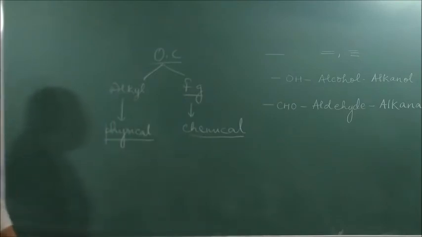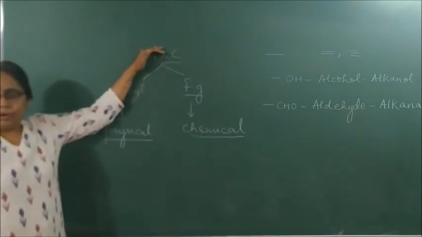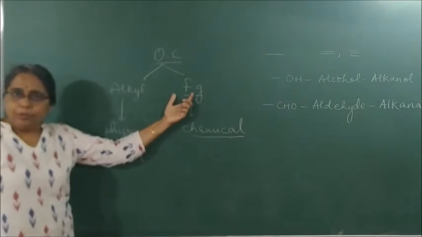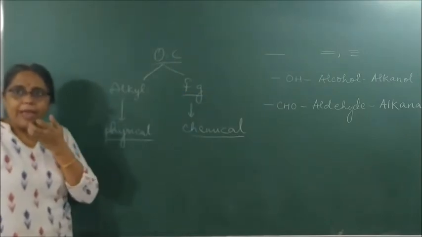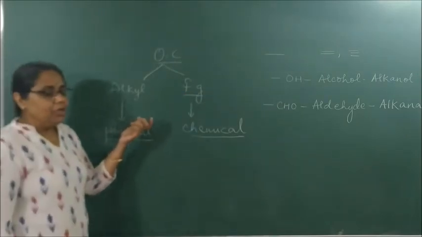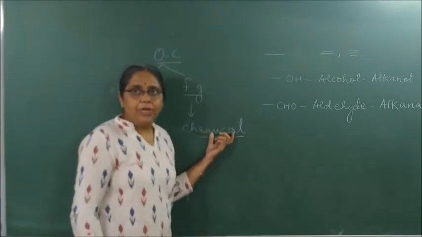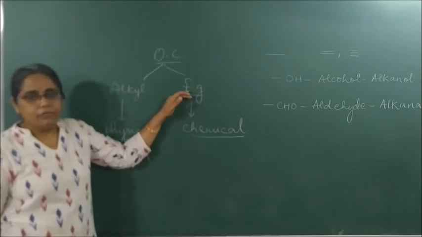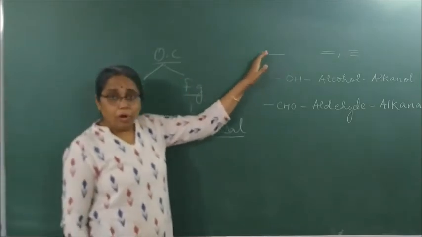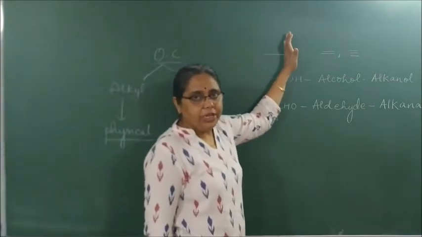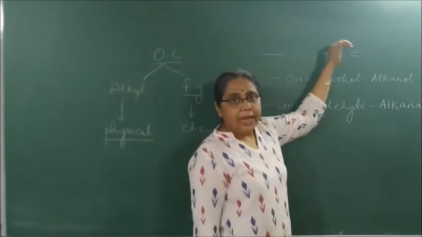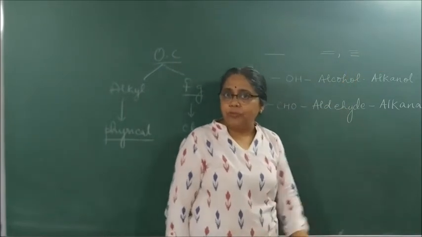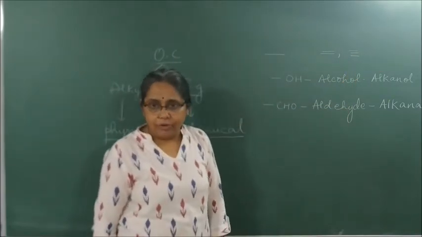So again, any organic compound has a functional group. What is a functional group? An atom or group of atoms which determines the chemical properties of an organic compound or carbon compound is called a functional group. Single bond is the functional group of saturated hydrocarbon. Double and triple bonds are functional groups of unsaturated hydrocarbons.